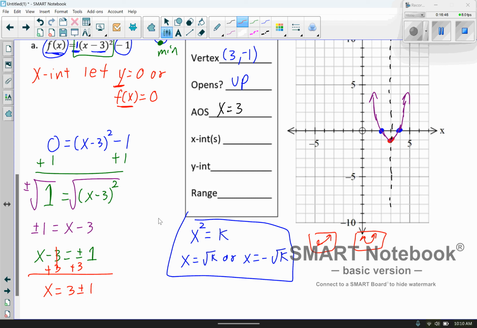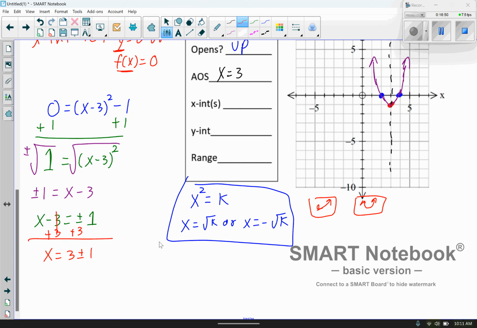Now I can go ahead and figure out the plus and the minus. You look at it as being 3 plus 1 or 3 minus 1. Well, 3 plus 1 is 4, and 3 minus 1 is 2.